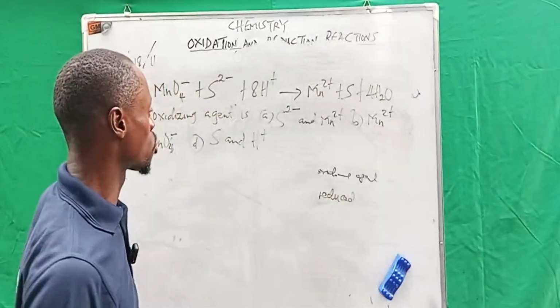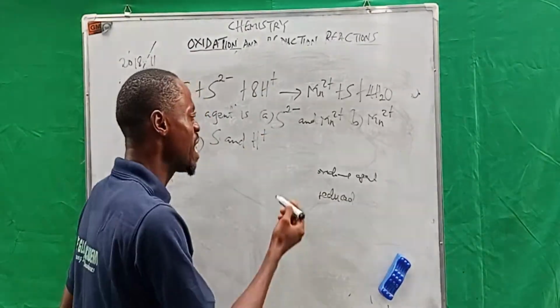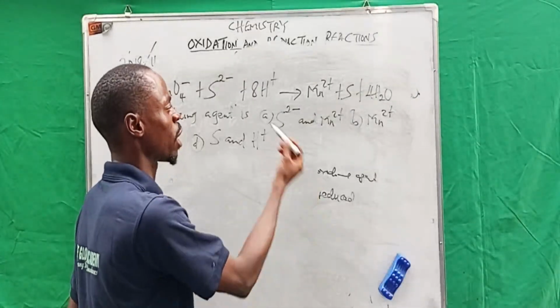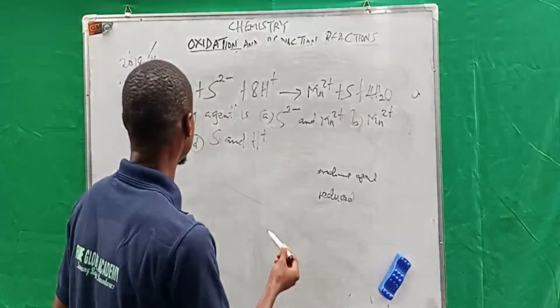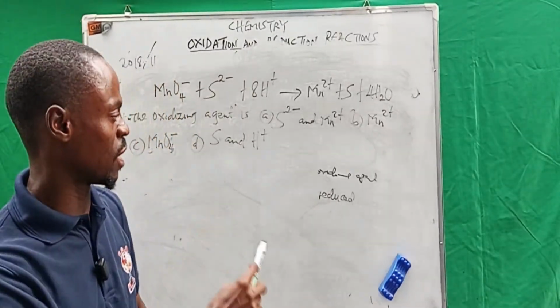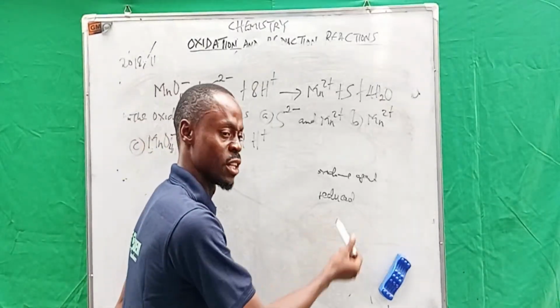So in this respect, we'll be making use of the knowledge of what we call increase or decrease in oxidation number to actually solve this particular problem. Since we are asked to identify the oxidizing agent, it simply means which agent here is reduced in this reaction.